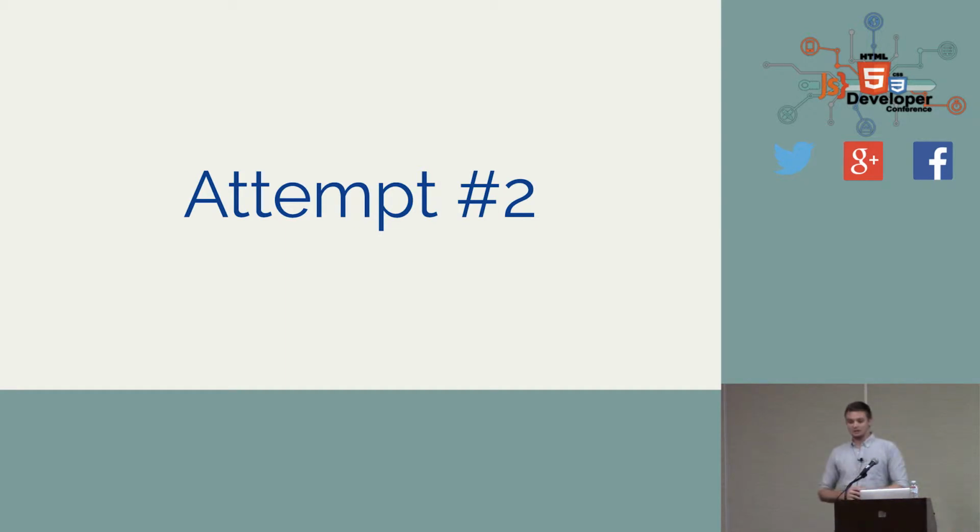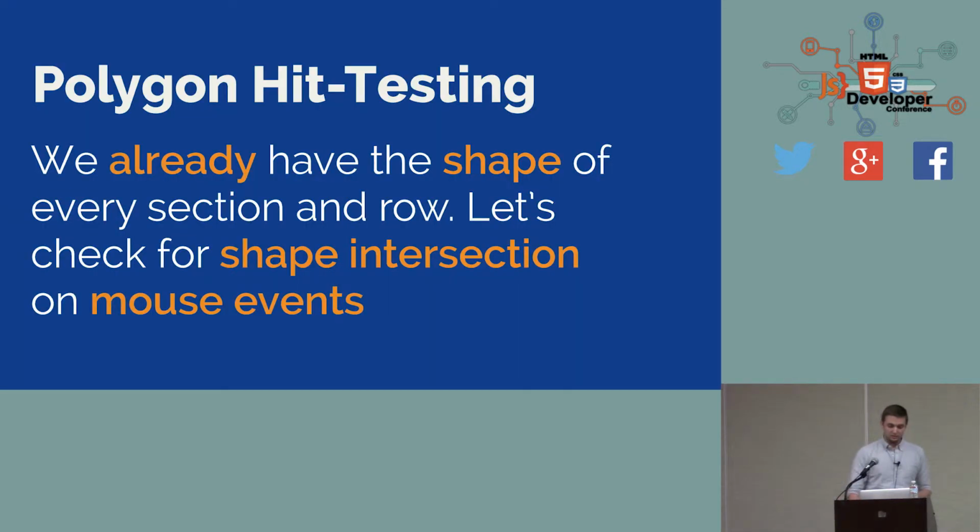So our second attempt at doing this is something called polygon hit testing, which is used a lot in things like games or computer graphics. We already have these SVG paths that define the shape of the sections.